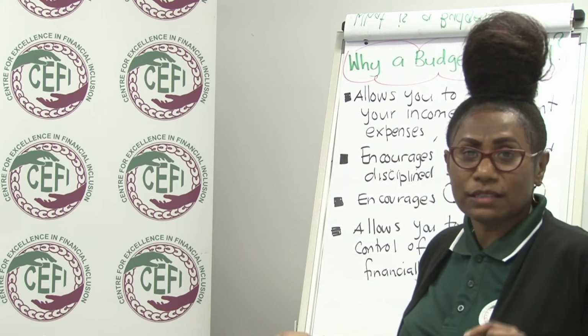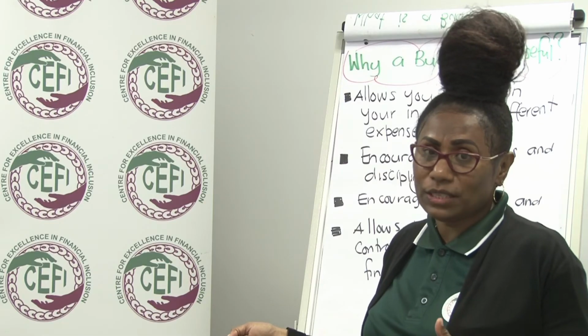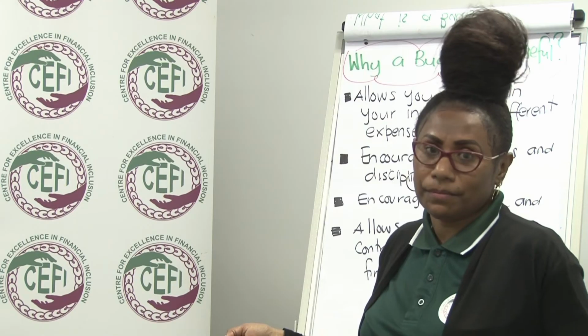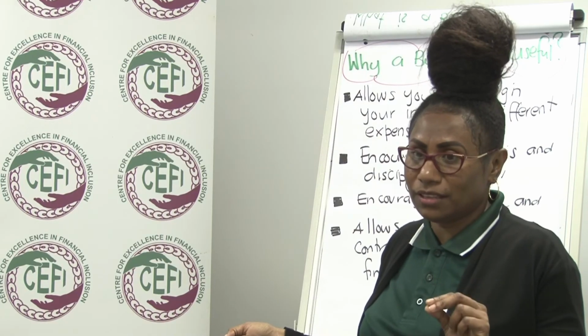But one of the important things you need to also bear in mind is make sure at all times your expense must always be less than your income. Okay? Why? Because it's gonna instill in you discipline and caution. Always remember that.